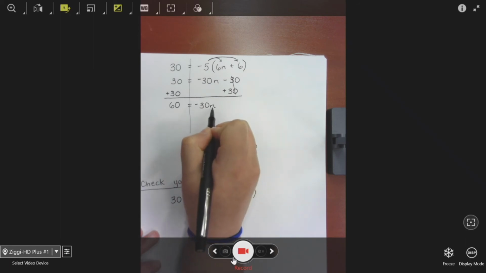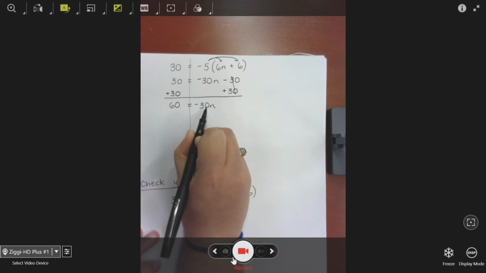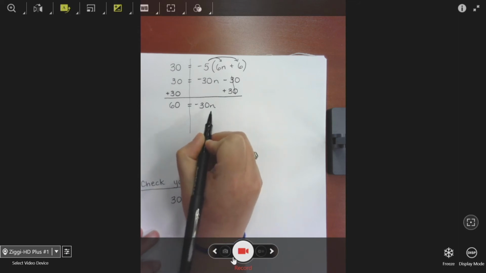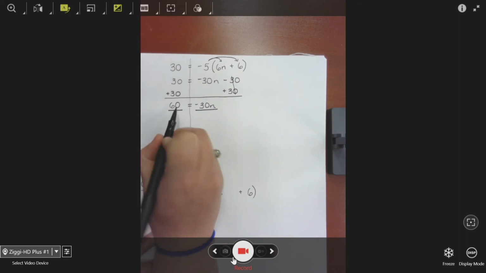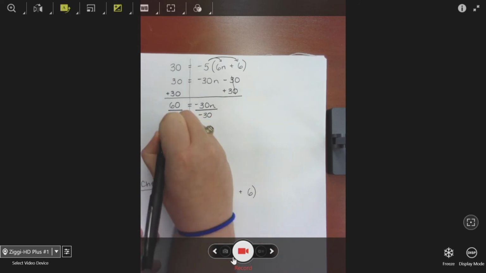Once again, we need the n by itself, so it's attached. The n, the variable, is attached to the coefficient through multiplication. The opposite, or the inverse operation of multiplication, is division, so we're going to draw our dividing line. And we're going to divide both sides by that coefficient, which is negative 30.